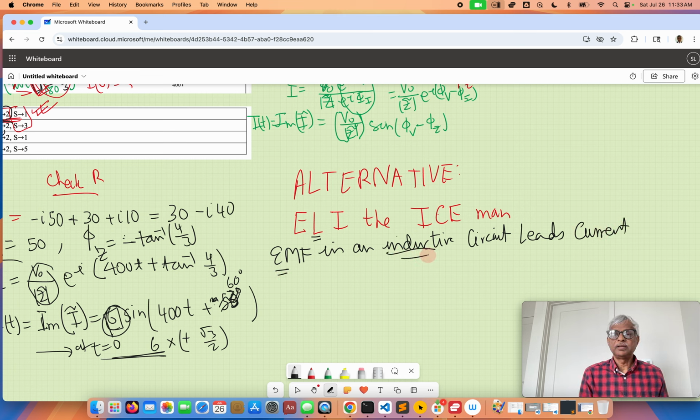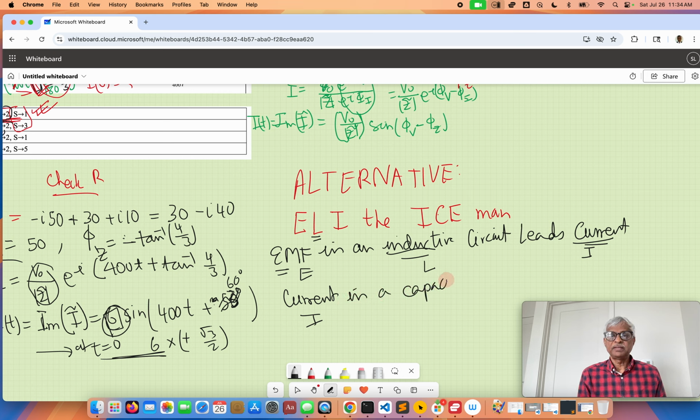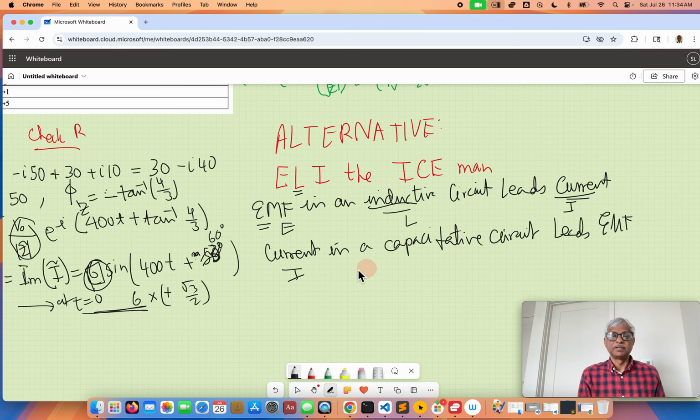E L I: this is for E, this is for L, and this is for I. And ICE means current in a capacitive circuit leads EMF. So I C E. So you can use this.